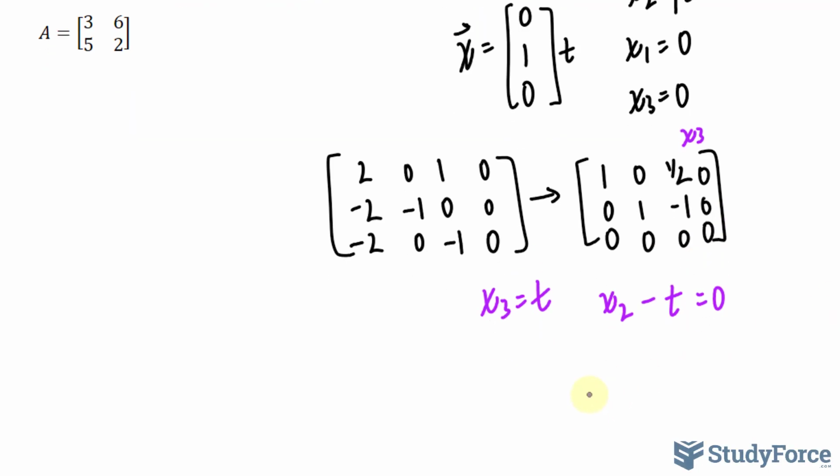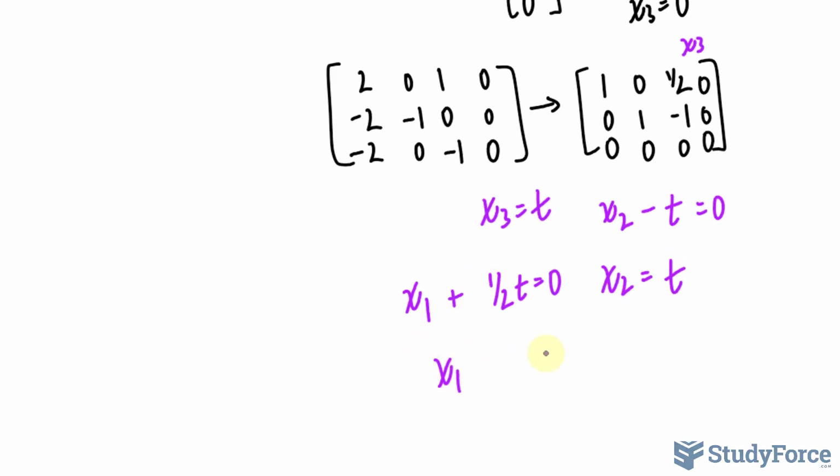Solving for x sub 2, I have x sub 2 is equal to t. And for the first row, I have x sub 1 plus half t is equal to 0. I'll solve for x sub 1 very easily by bringing that over: negative half t. Therefore, my answer can be summarized as this vector times t, where the first row is negative half, the second row is 1, and the third row is 1.